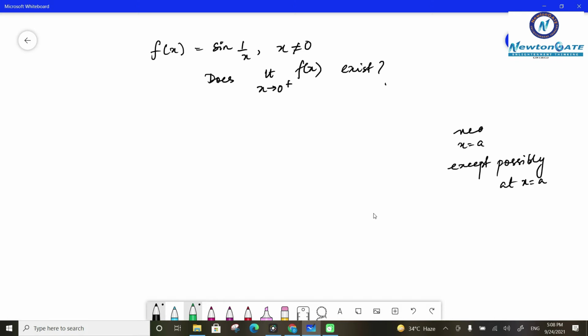It should be near to x equal to a, but you can omit the exact point a. You may or may not take it as well, because we have another topic that you will learn later, continuity. In continuity, it is a necessity that it has to be the same as at x equal to a, but it's not so in case of your limit.